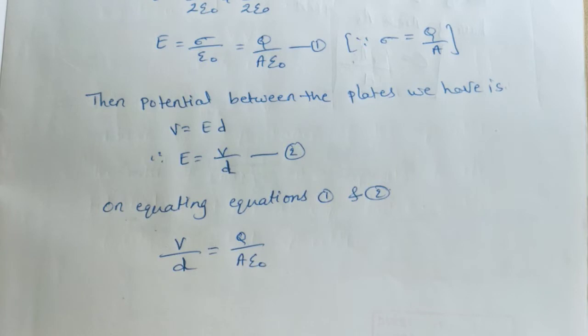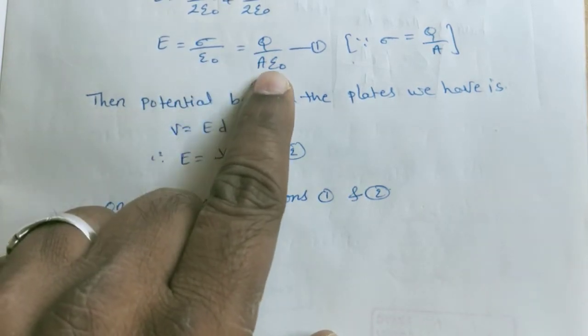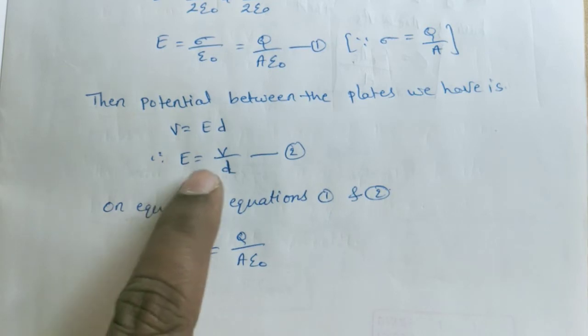So friends, we have two equations for capital E. One is E equal to Q divided by A into epsilon naught, the first equation, and the other is E equal to V by D.